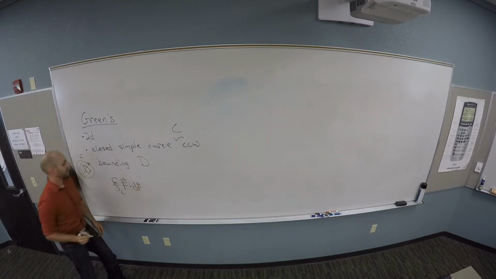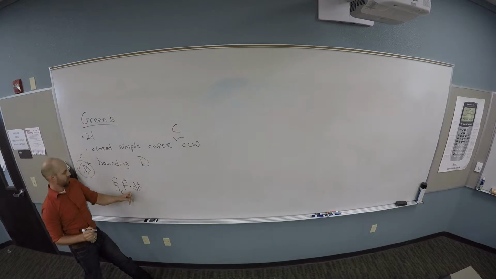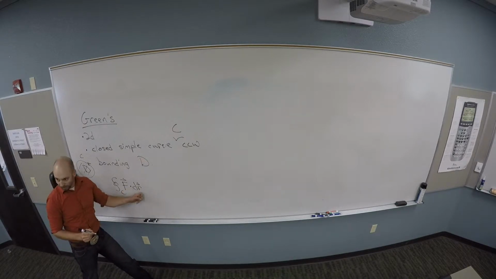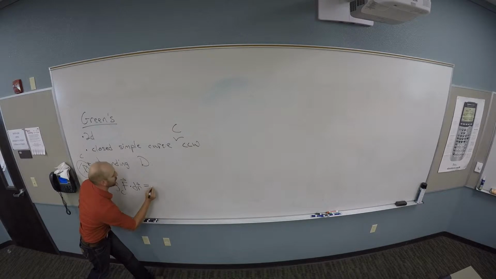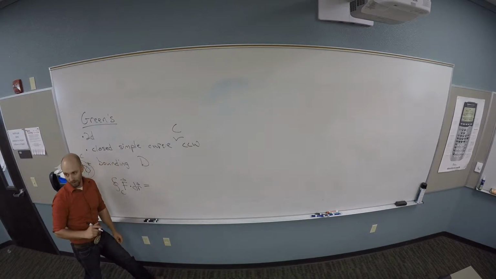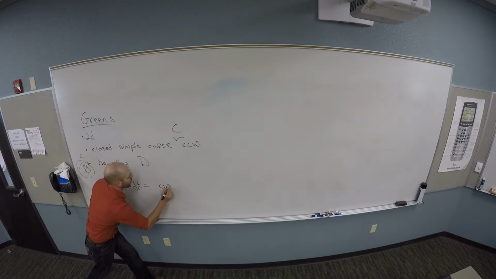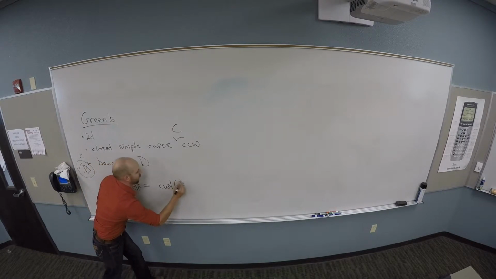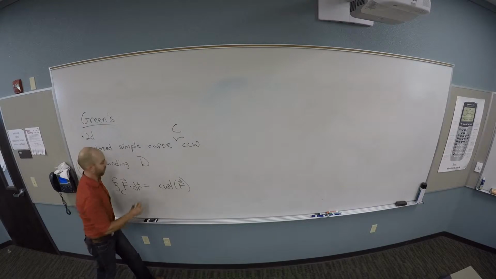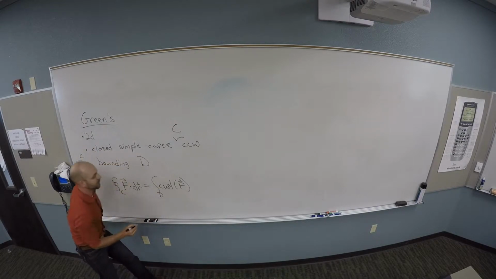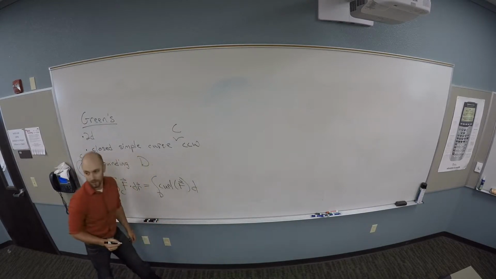Okay, the circulation of the vector field F around the curve C is the curl of F. So curl of F, the two-dimensional curl. I would need to integrate over D, area.